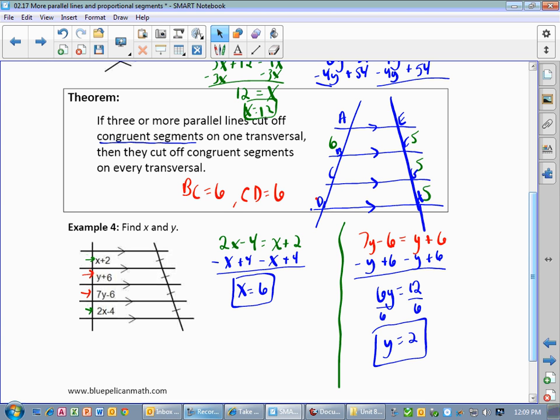Number 5, x is 6/7, and y is 3. Number 6 is 36/7. Number 7 is 75.